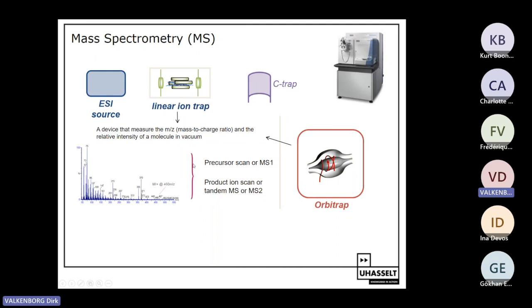So the MS1 is, at some point, the ions that elute from the column. You want to know what's going on during the separation process, and you want to measure all the molecular ions that are eluting from the liquid chromatograph. So therefore, you take this high quality precursor scan or MS1 scan.